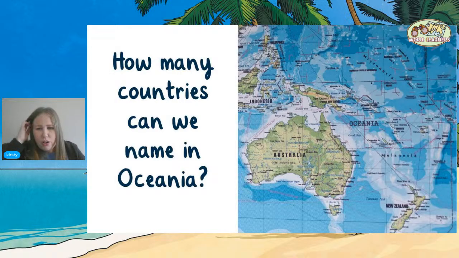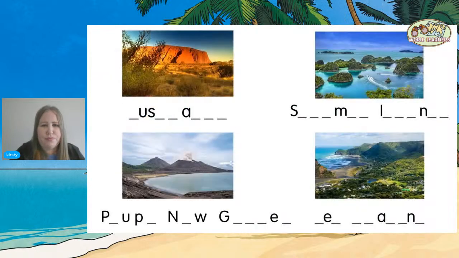Well done. We've got lots here, haven't we? We're doing brilliantly. Oh, fantastic. Nauru, some smaller islands as well. Are we running out? Let's have a little look at some. Right, I've given you some hints here.